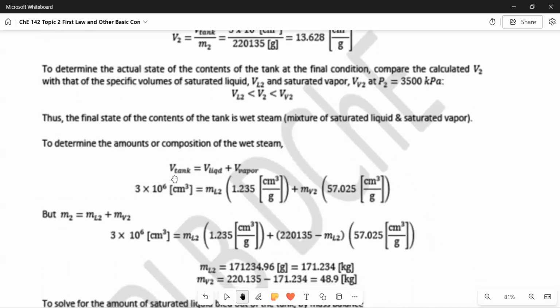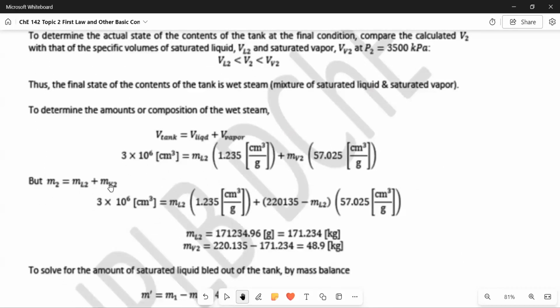Okay, so to determine that, we use this volume of the tank, which is equal to the volume of the liquid plus volume of the vapor, and this is now for state 2. So this is a total volume, and on the right hand side of the equation, we multiply the mass of the liquid with the specific volume of the saturated liquid. The same for the vapor, the mass of the saturated vapor with the specific volume of the saturated vapor.